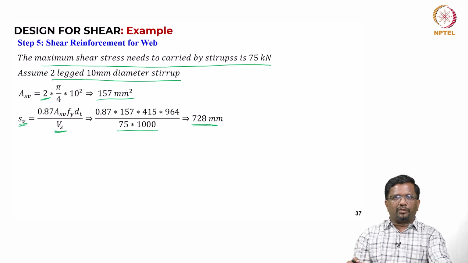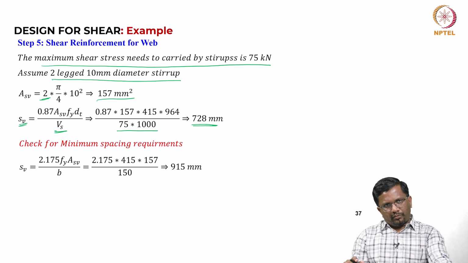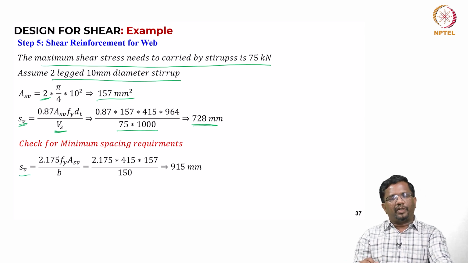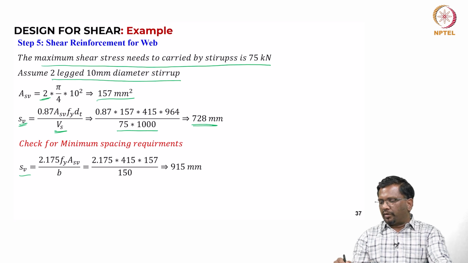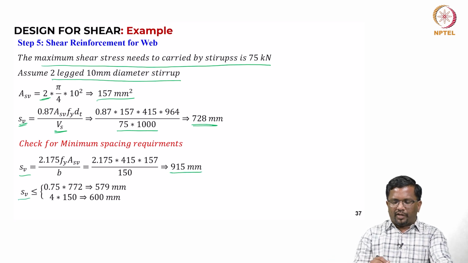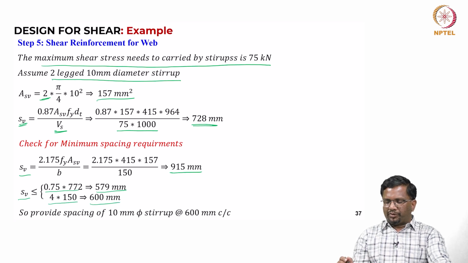You see that this is quite high. So, now we have to go and check for minimum spacing requirements. The first one is 2.175 into Fi into SV by B, which works out to be 915 millimeter. But my SV should also be less than 0.75 times dt, which is 579 millimeter, or 4 times the width of the web, which is 600 millimeter. So, what do we need to choose?